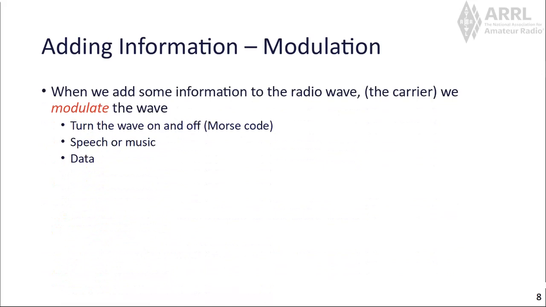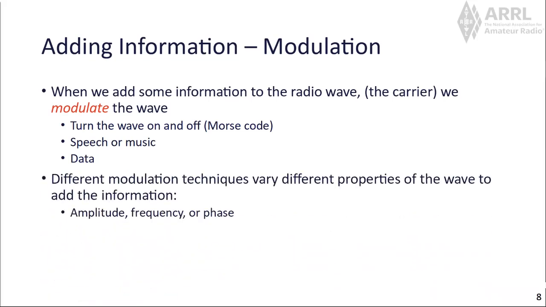Okay, adding that information is modulation. So when we add some information to the radio wave, or the carrier, we modulate the wave. Okay, turn it on and off, that's Morse code. We can add speech to it. We can add data to it. Different modulation techniques vary different properties of the wave to add information.